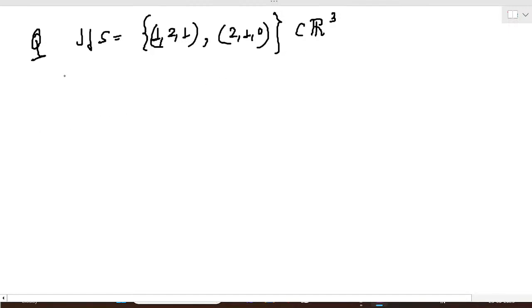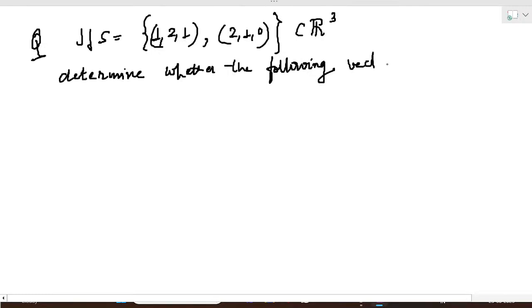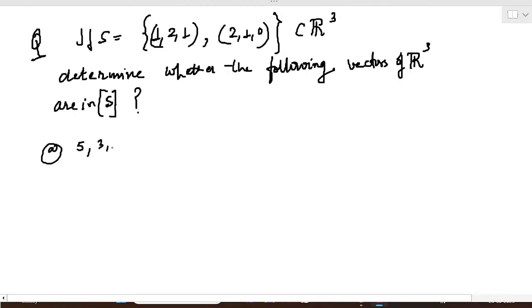We want to determine whether the following vectors of R cube are in the linear span of S, sorry. Option A is (5, 3, 1), option B is (2, 1, 0), and option C is (4, 5, 2).